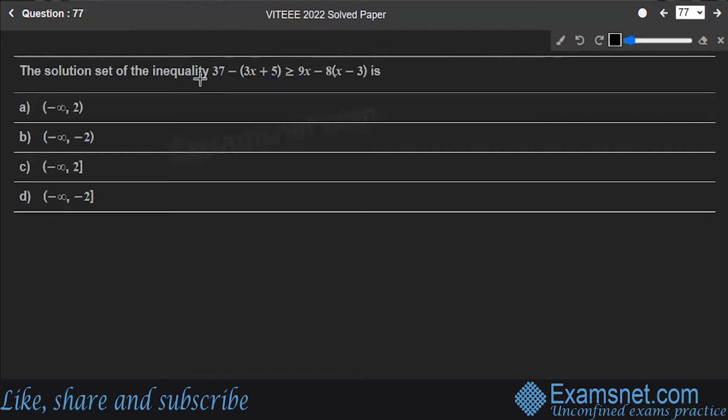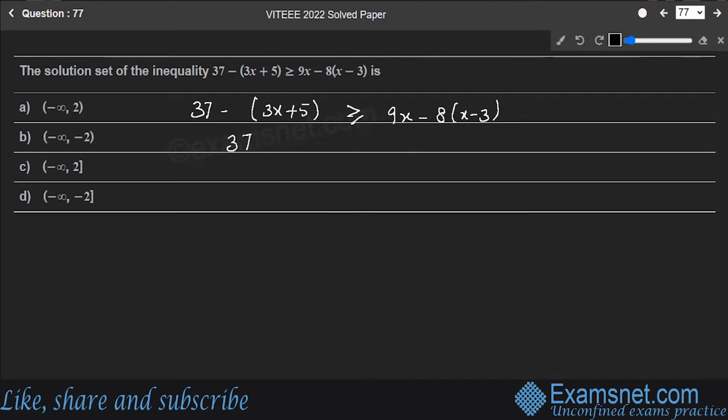77. The solution of the set of inequality is given by which of these options? All right, so let's go. You are given that 37 minus 3x plus 5 is greater than equal to 9x minus 8x minus 3.